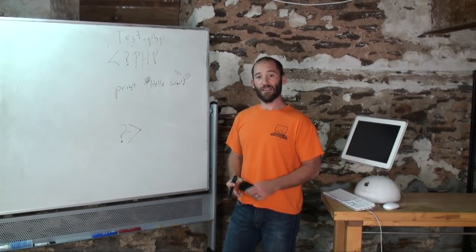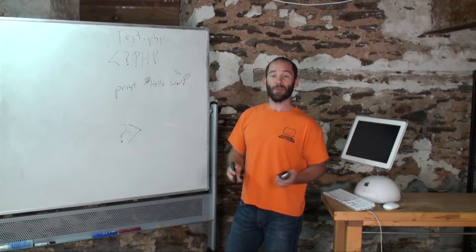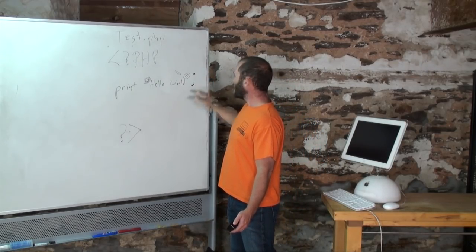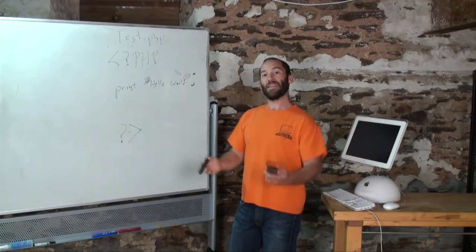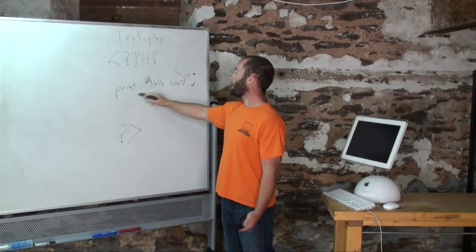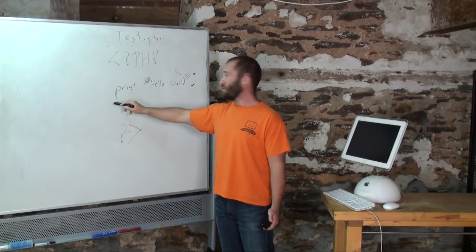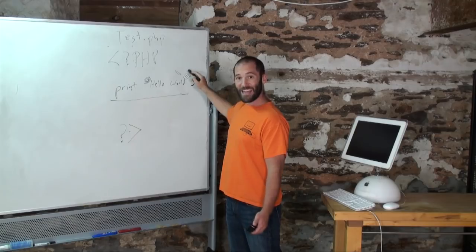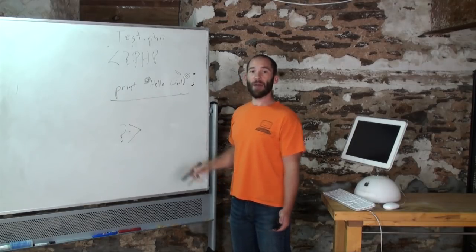And then finally, the basic thing that you have to understand with PHP programming is that the semicolon is the equivalent of a period in an English sentence. So whenever you tell the PHP script to do something, you then end that with a semicolon.